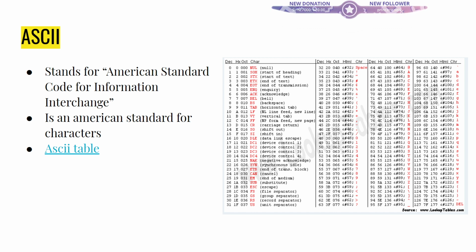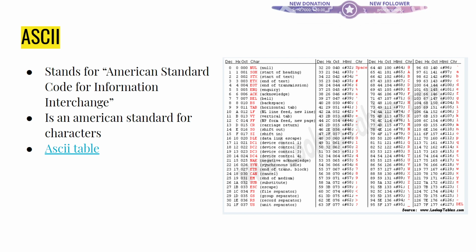That's basically a standard for characters that was absolutely dominating until 2003 or so, until Unicode took over. On the right side, you can see the ASCII table. It goes from 0 all the way to 127. But this is just the base version of it.